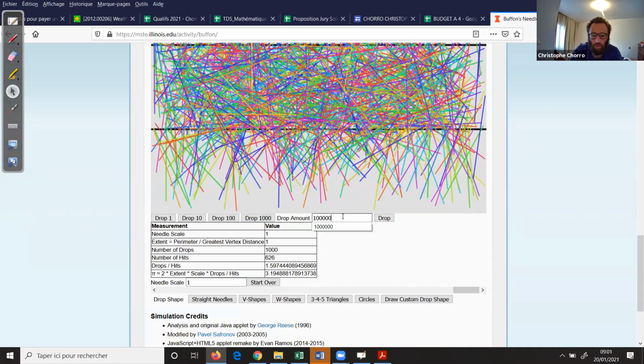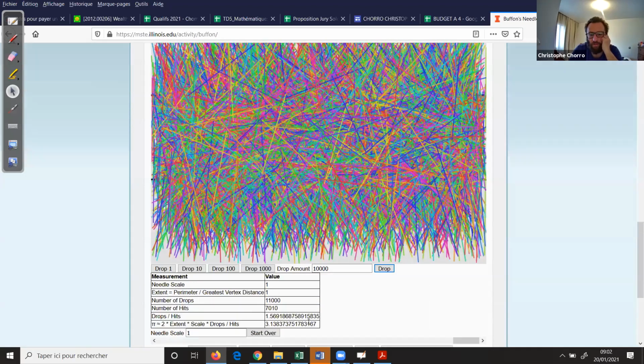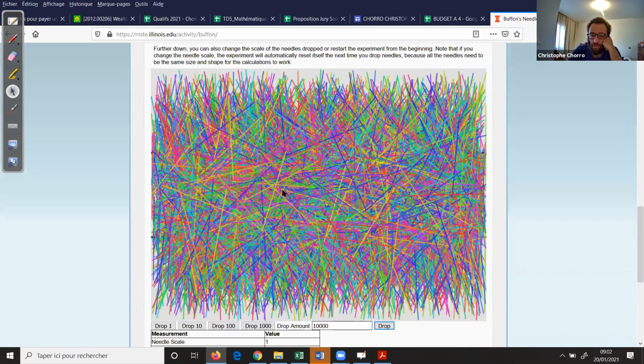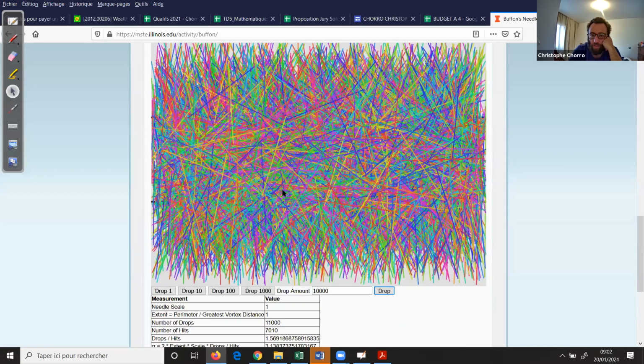It's a little bit too much here, let's say 10,000. You see that it's really quick to do this, and I obtain something that is more and more precise. So the experiment of Lazzarini can now be done very easily using computer programming, to see if I intersect the lines or not.